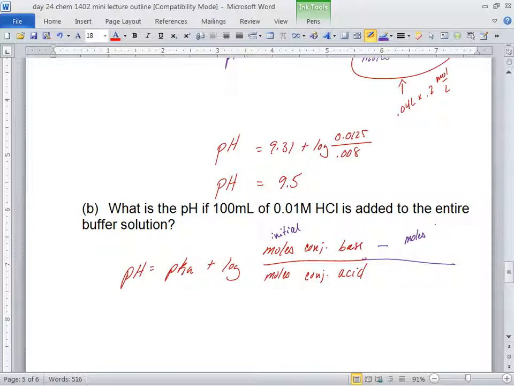Minus the moles of, what is it? The HCl. Because that's a decrease. Cameron's exactly right. The conjugate base has to decrease because it's going to react with HCl. So we'll take our initial moles of conjugate base minus the moles of HCl added.